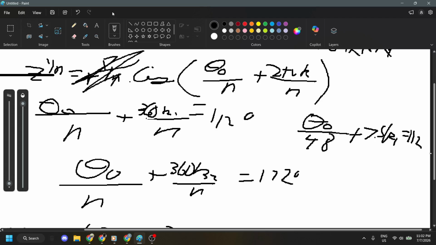Look at that. No, never mind. Because that is just, there's 3 variables, not 2.